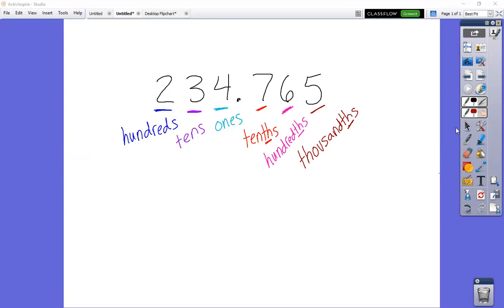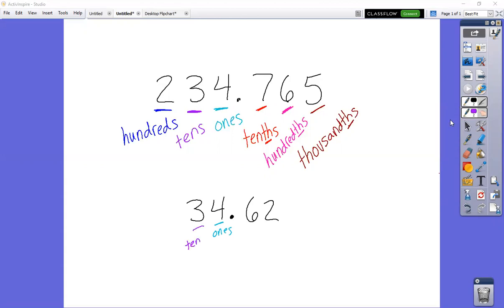When we are adding or subtracting decimals, we have to line up our place value. So what I mean by that is if we have another number that's 34.62, okay, let's look at this real quick. We know that this 4 right here is our ones place, right? And we know that this 3 is our tens place.